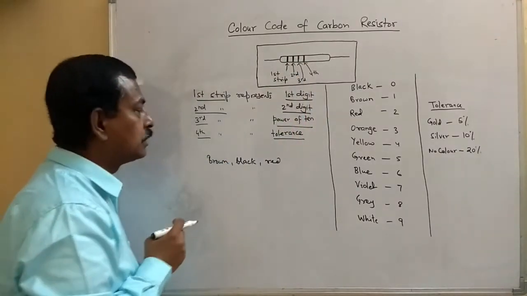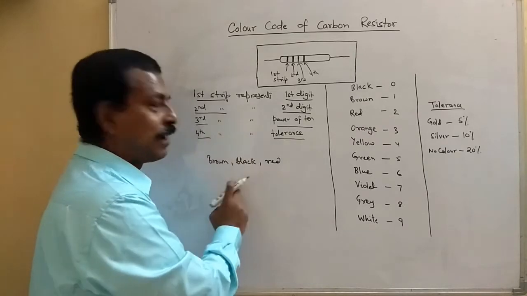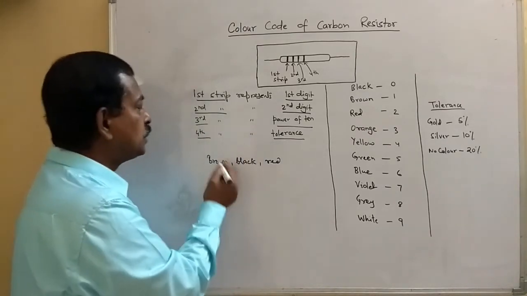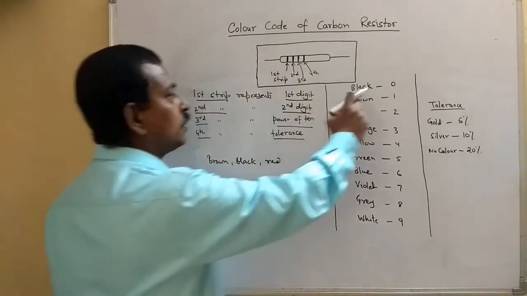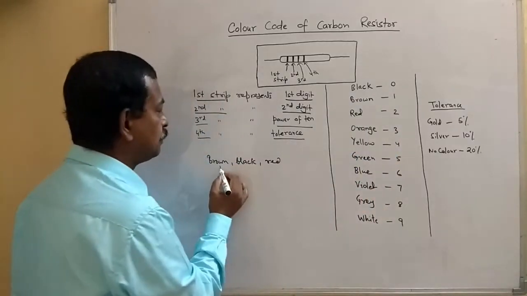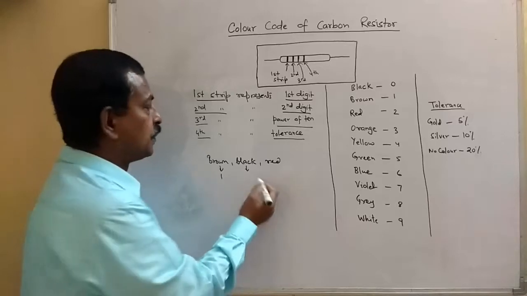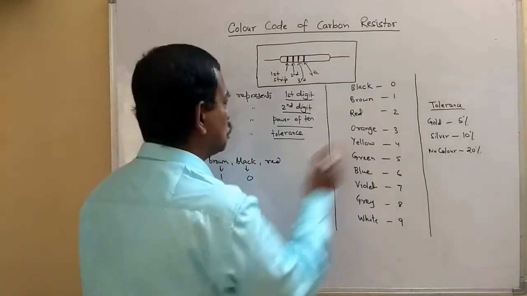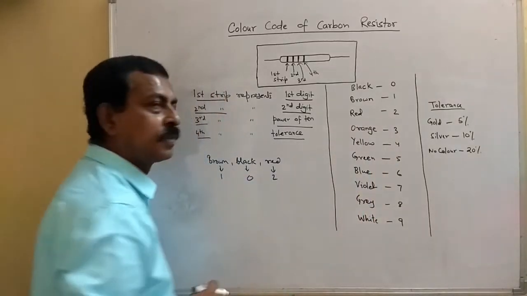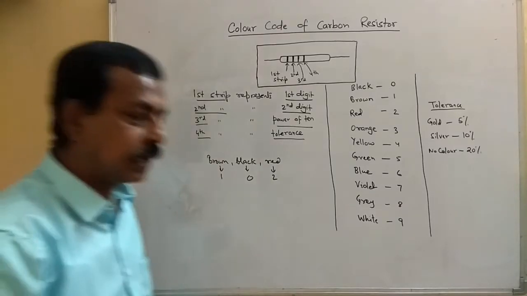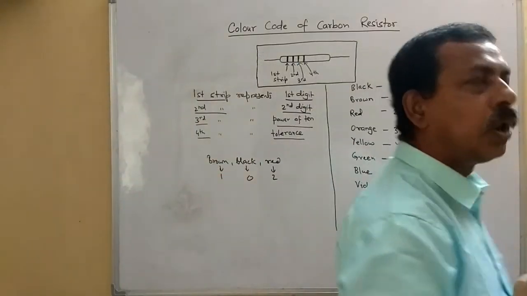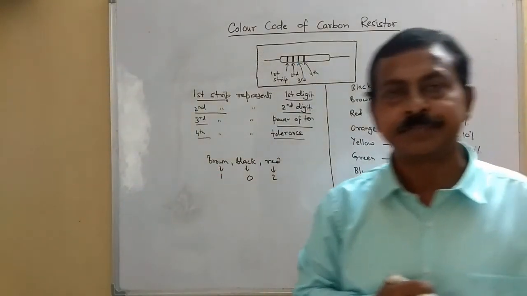We have to find what resistance value it represents. Brown represents 1, black is 0, and red is 2. These are the corresponding values of the different colors.